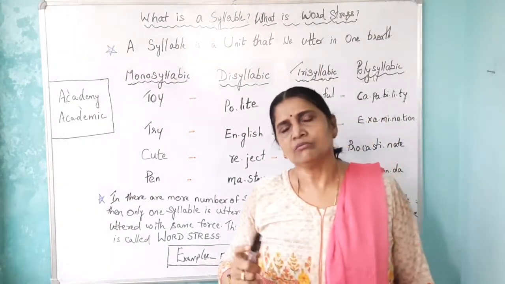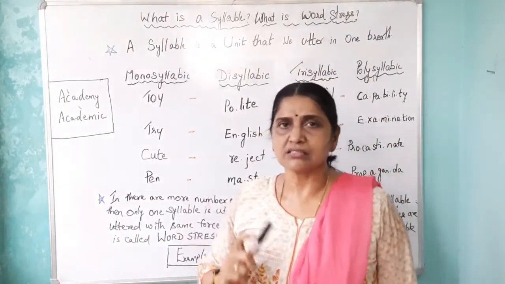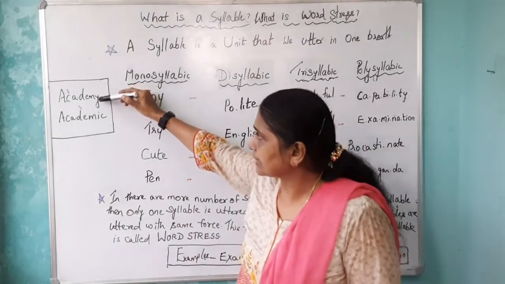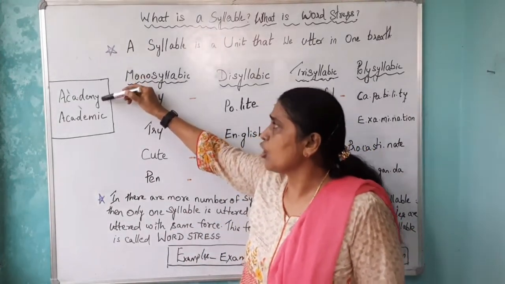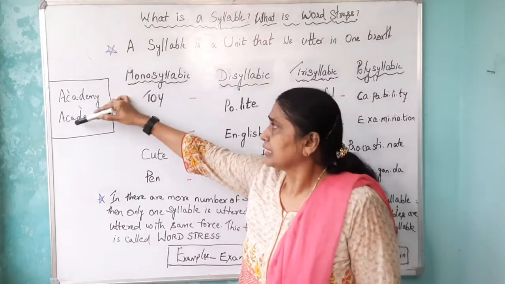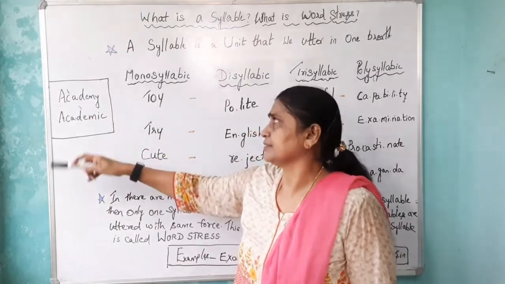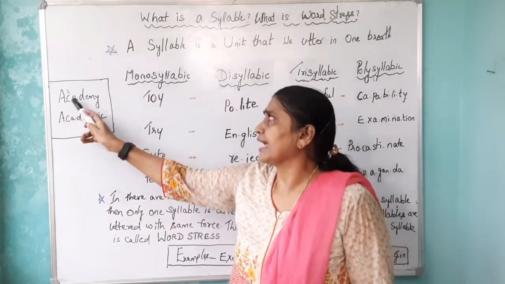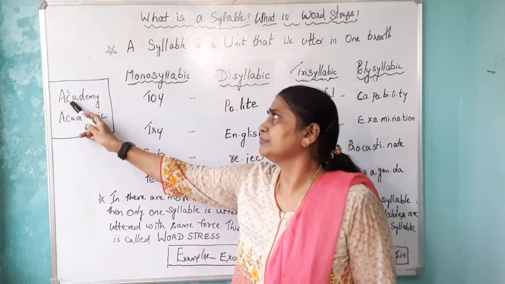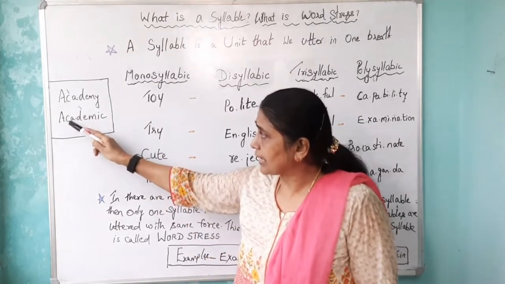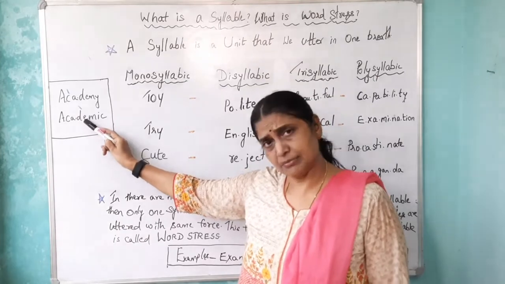Okay, so it is a little difficult to understand word stress or accent because now see academy, the derivation of the word academic is from academy. But the stress is different. Now see, this is academy. The second syllable is stressed. Now when you pronounce the word academic, the third syllable is stressed.